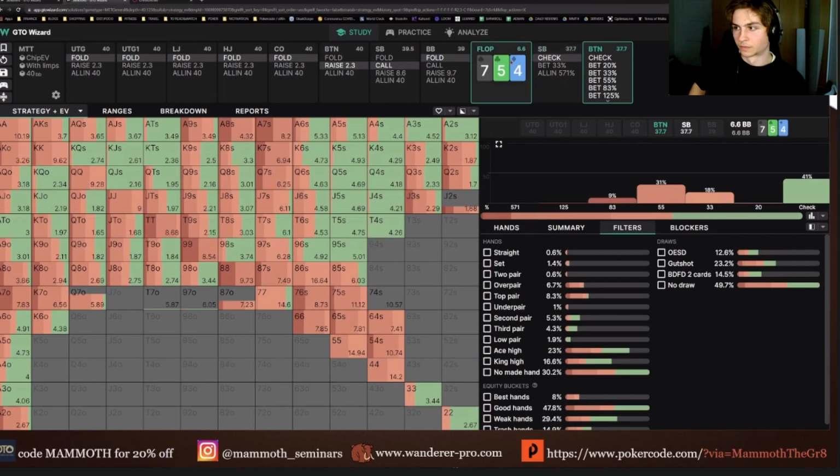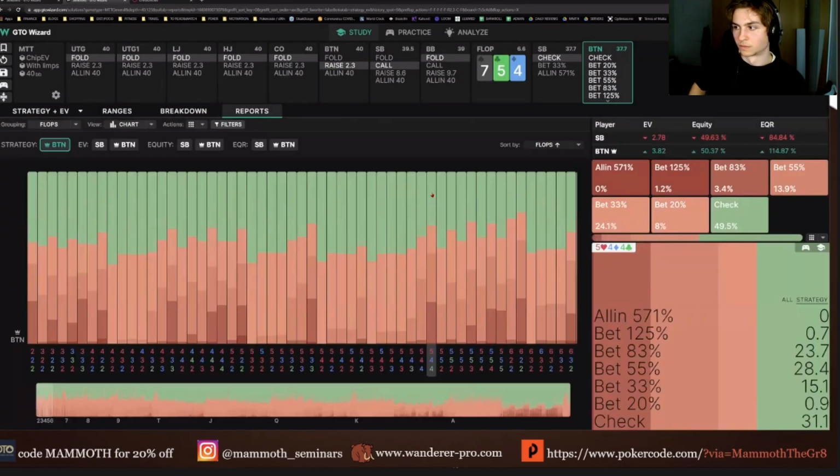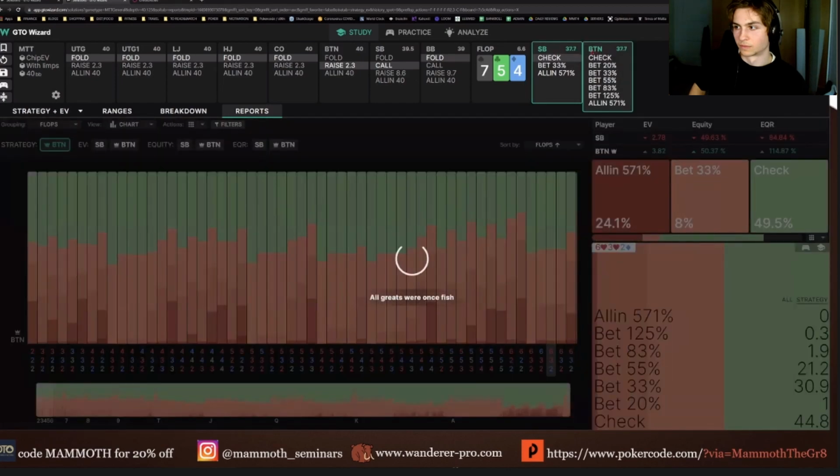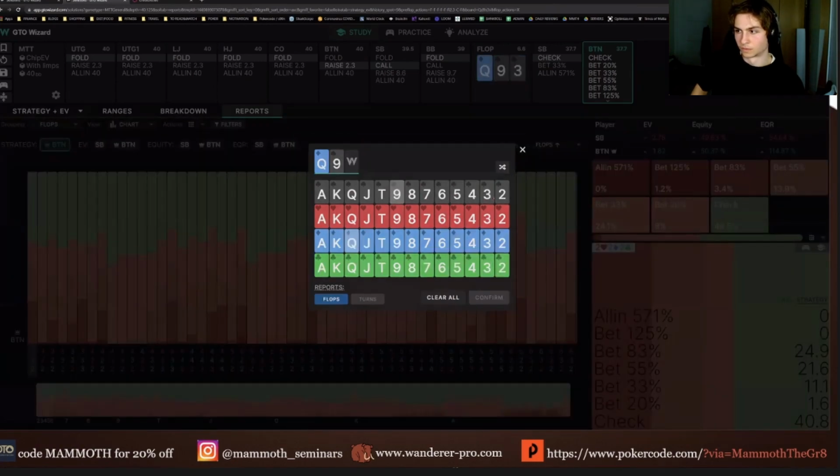I think the average check is around 40%, 50% on all boards. So now the bad boards are going to be when the Broadway combos connect, especially when the suited 9s connect too or suited 8s connect too. Say queen 9, I don't know, 3.